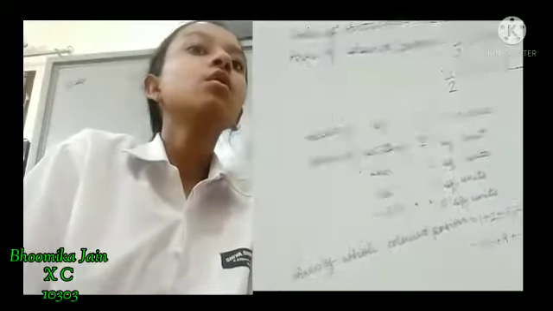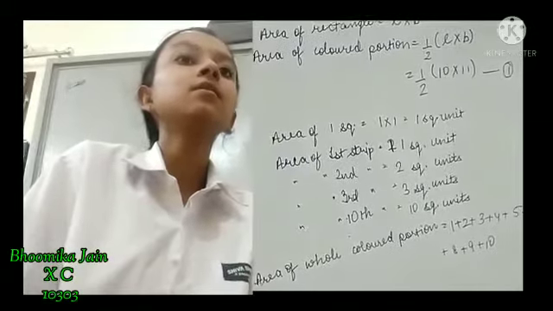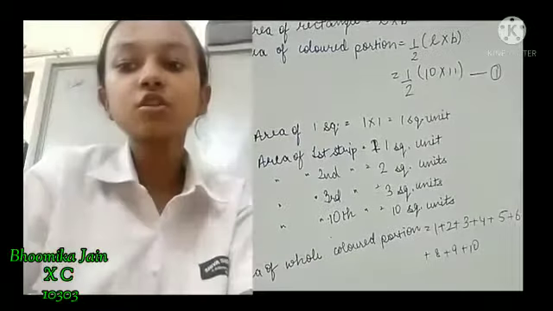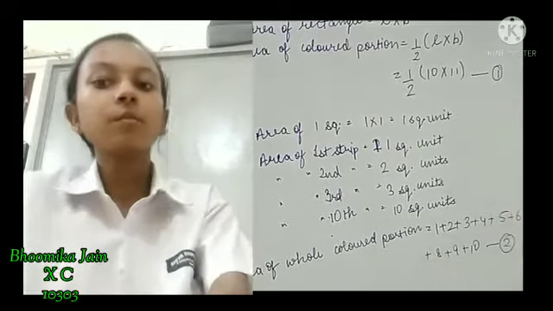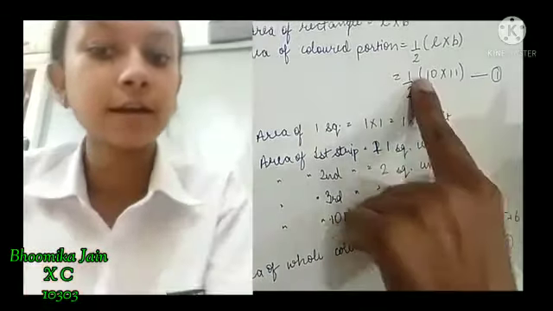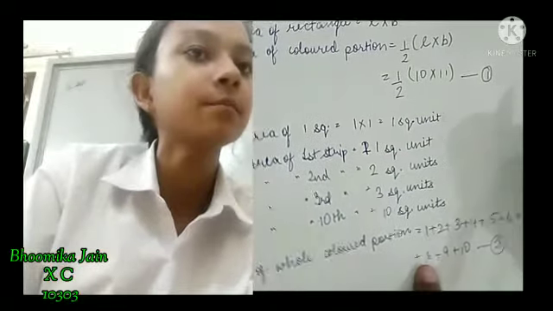So what we are going to do next, we'll mark this as the second equation and then merge the two, because the area of the colored portion here and the area of the colored portion here will be the same.